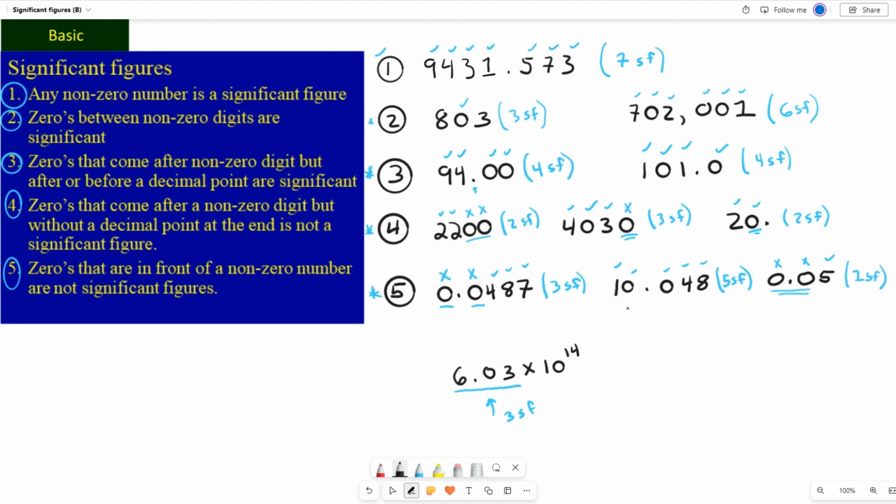If you had a number like 5 times 10 to the 20th, the only coefficient number you have out front is the 5, so this has 1 significant figure. So for scientific notation, any number that's before the multiplication sign is significant. All of those digits are significant.